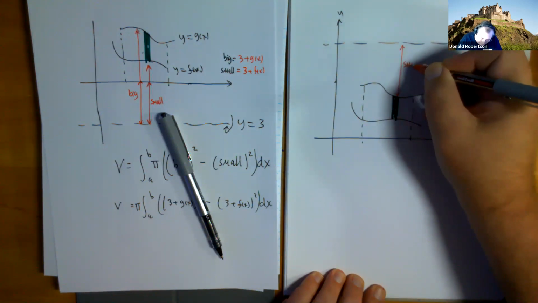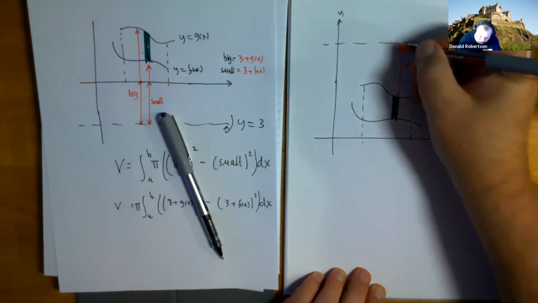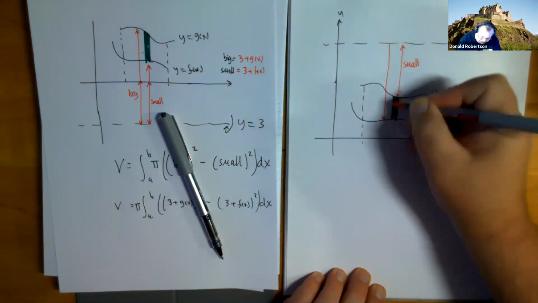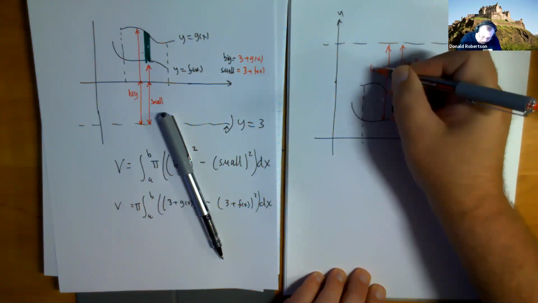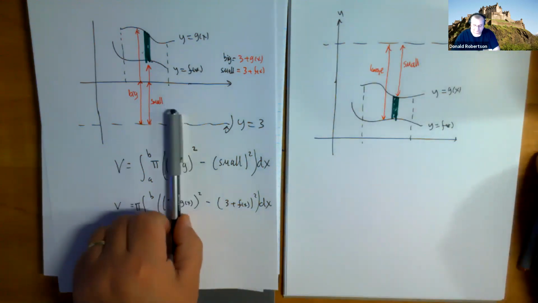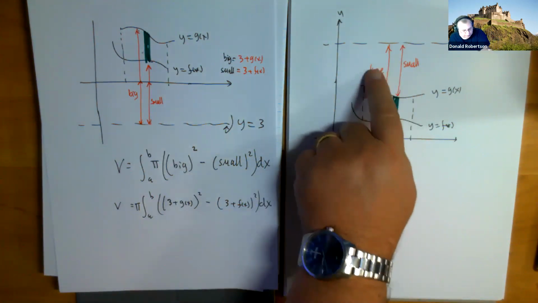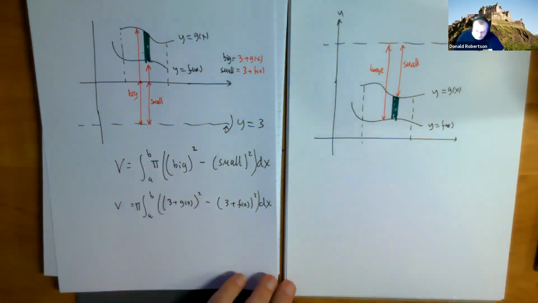That's the shortest one of the two, the small radius. And this one is the large radius. So as long as I can find out who these two are, I've pretty much done the question.